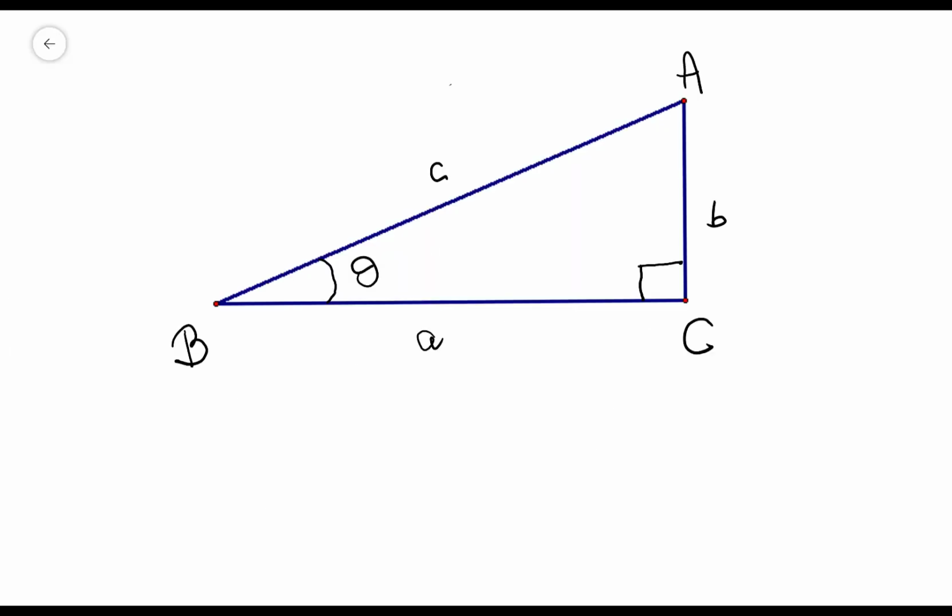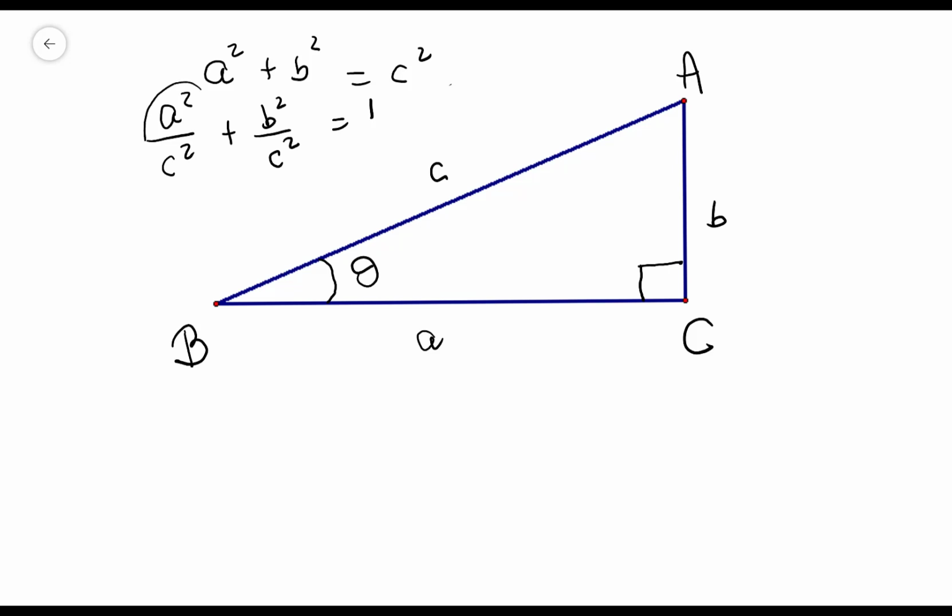Notice one property here: you know that a square plus b square equals c square for a right triangle like this. Now, if we divide by c square, we get that a square divided by c square plus b square divided by c square becomes 1.